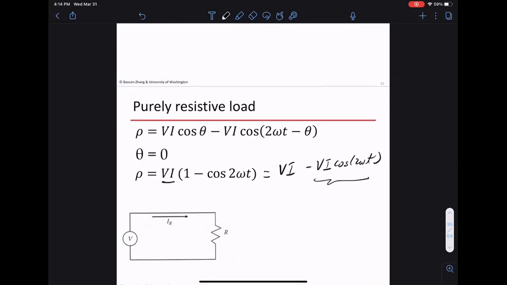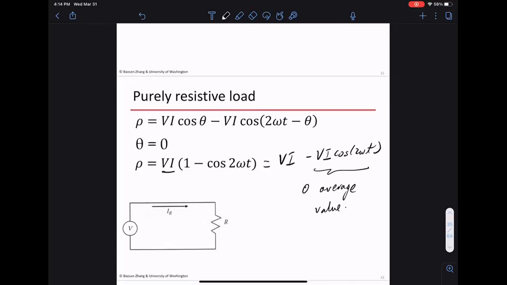And this is something that has zero average value. So for a resistive load, that's fine.